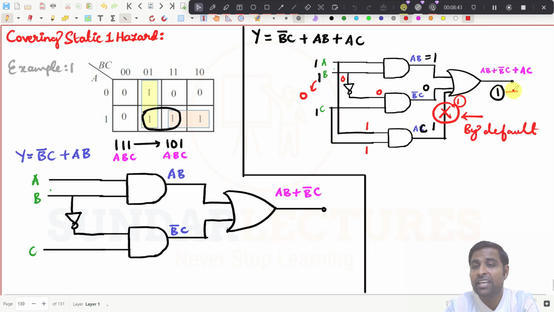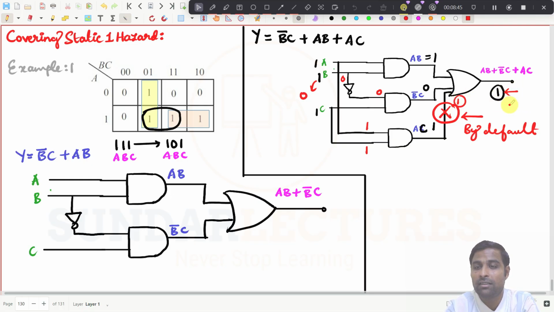So obviously this output will be always 1. Even if this B is going from 1 to 0, so that this 0 is going to make this particular input to be 1. After some time, this particular gate making the output to 1.